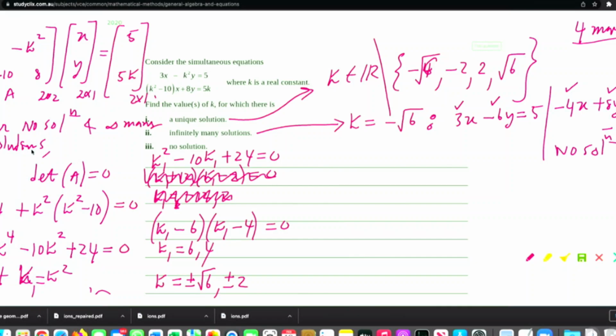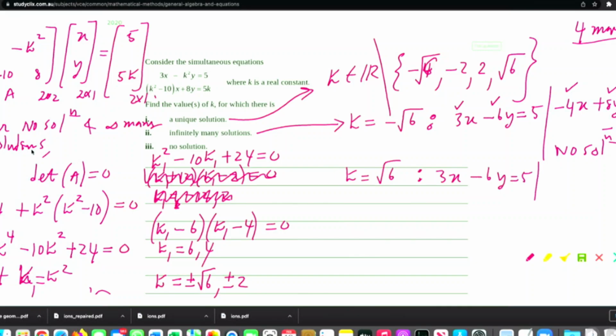So likewise, you have to do the next one. Plus root 6. Now tell me, plus root 6. 3x minus 6y is equal to 5.